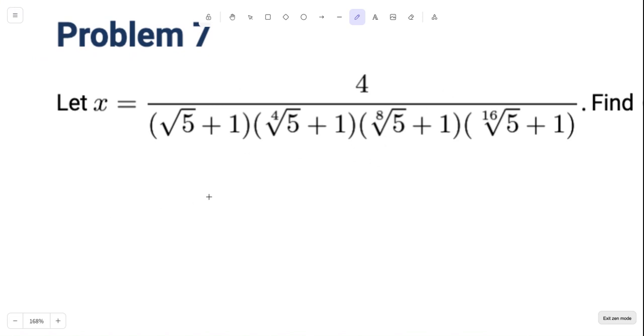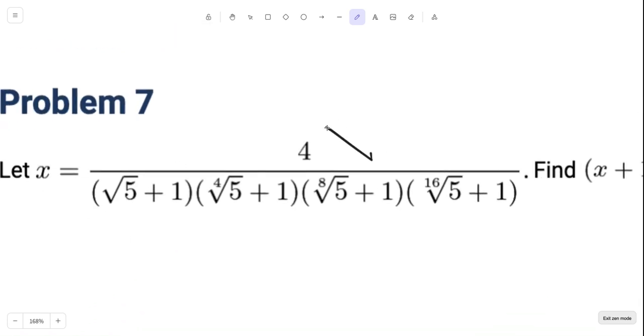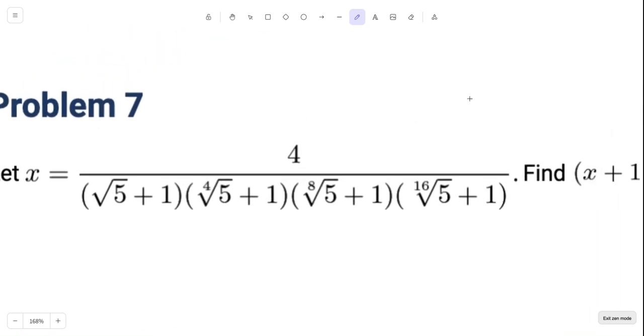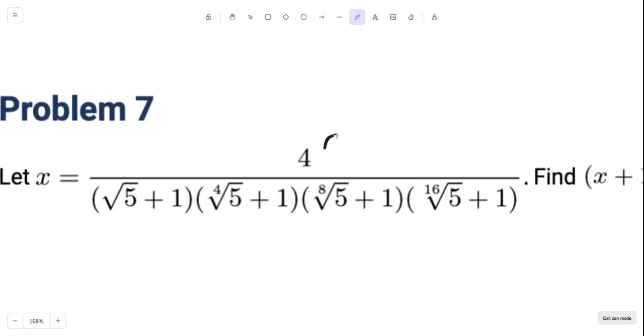If you try taking conjugates of these, it's not going to do anything because they're going to appear in the numerator. So instead you can actually use a reverse factorization, which should be obvious if you're on the A level.